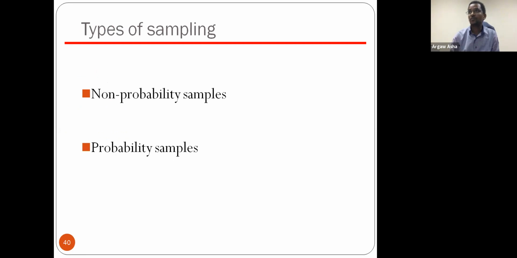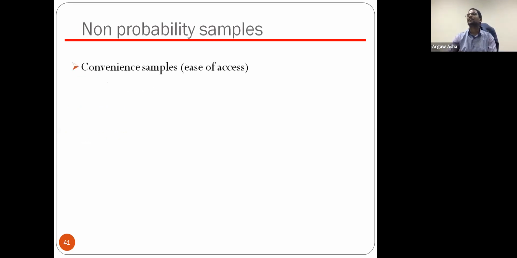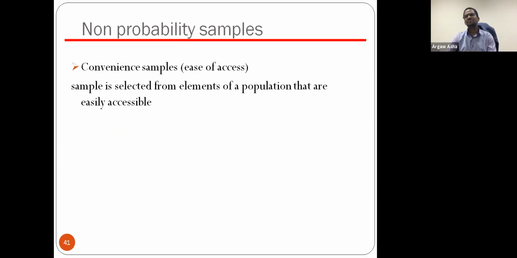We have two types of sampling: non-probability sampling and probability sampling. Non-probability sampling is the convenience method, that means it is easy to access. If from the population you use an easily accessible sample, we call it a convenience sample.